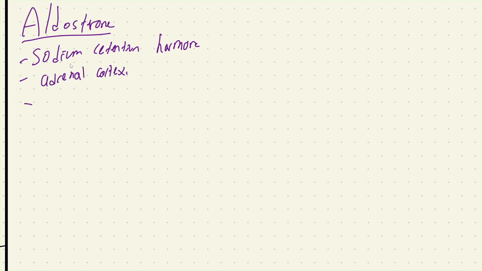So aldosterone is a sodium retention hormone. It's made from the adrenal cortex. So what does this mean?